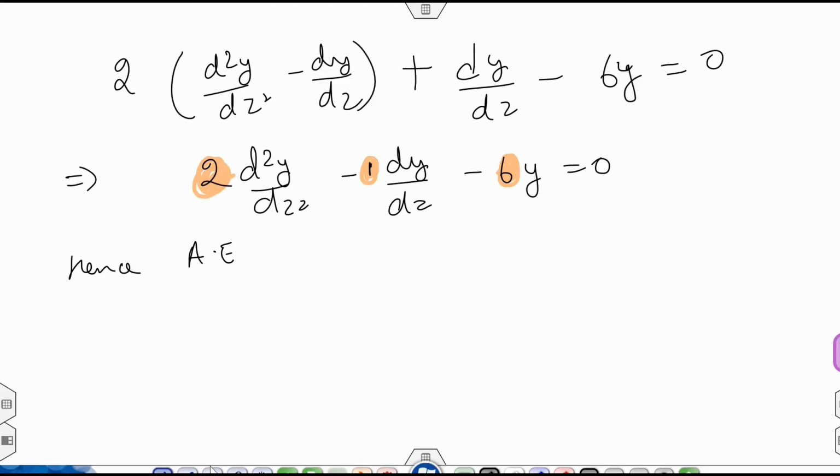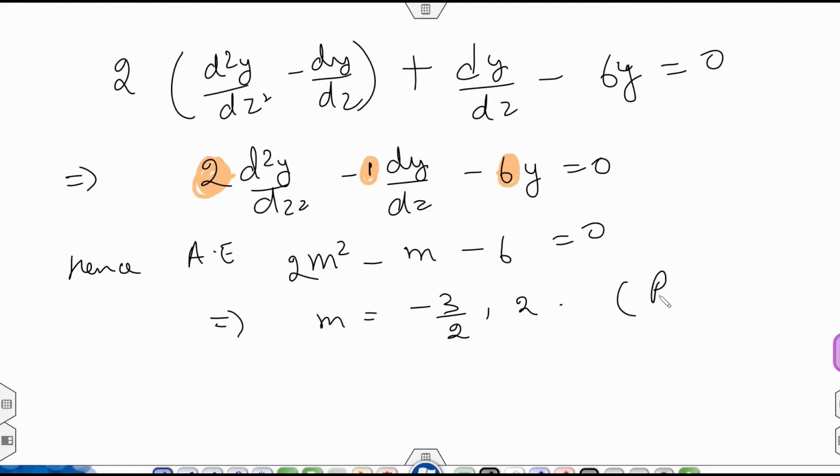So what we are going to do is find the auxiliary equation, and the auxiliary equation is given by 2m square minus m minus 6 equal to 0, and this implies that the value of m is coming out to be this. So these are real and distinct.